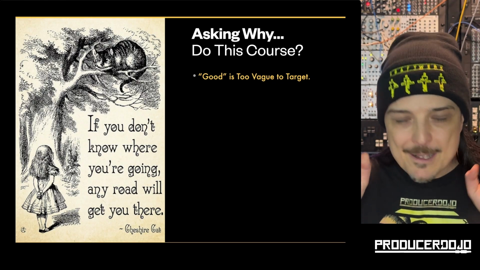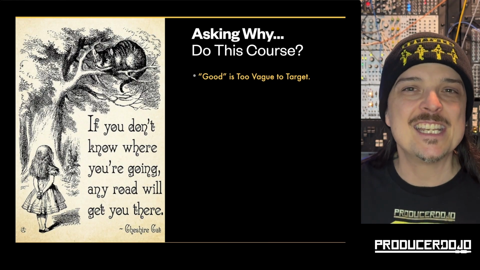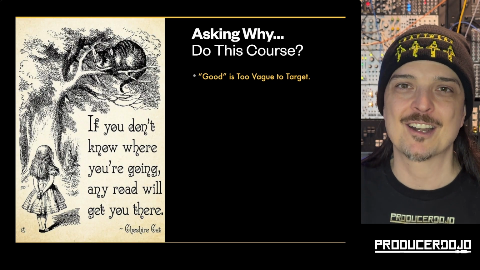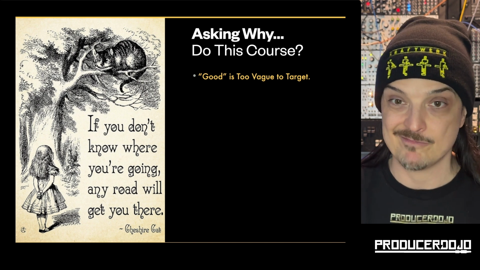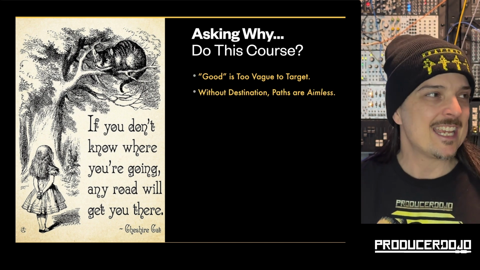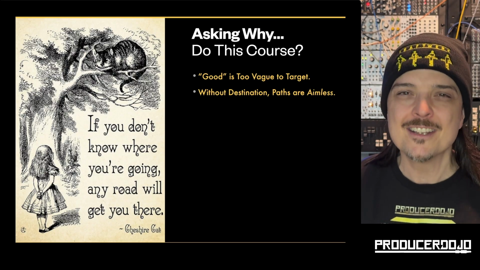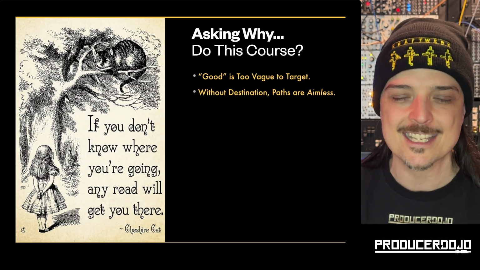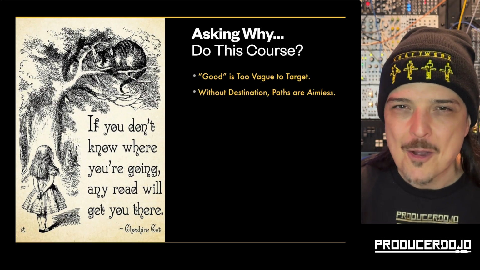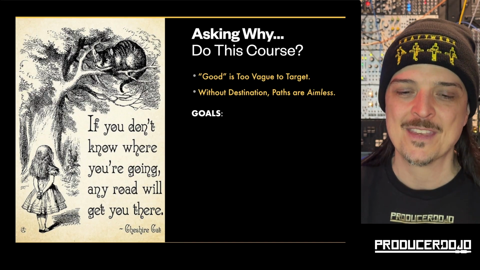Good is like this vague idea that a lot of people have kicking around in their head. And it honestly does a great deal of harm when you're trying to learn anything because it's not really defined enough to serve as a target you can aim for. And without a destination, paths just become aimless, right?